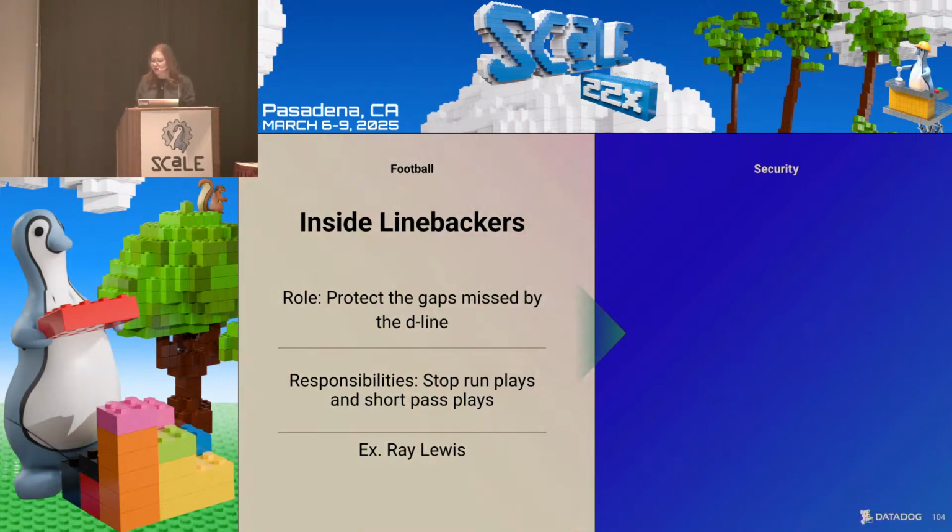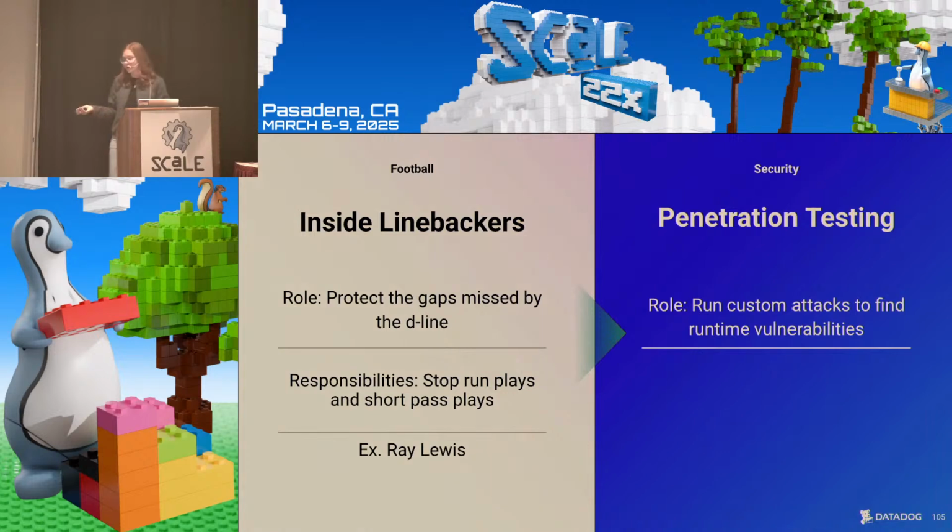But then, okay, let's think about security. Who's the mastermind? We've got our pen testers, or penetration testers. If you're not familiar with this, they are highly specialized people who are essentially trying to attack your application, and you actually pay them to try to attack your application. They're running custom attacks at runtime, but the key word here is custom.